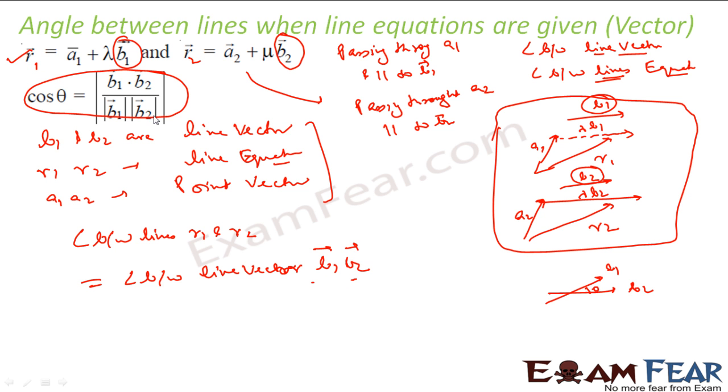This we already know how to find. It is nothing but b1 dot b2 by the magnitude of b1 and b2, correct. Nothing rocket science here. Please note, this is very critical here.